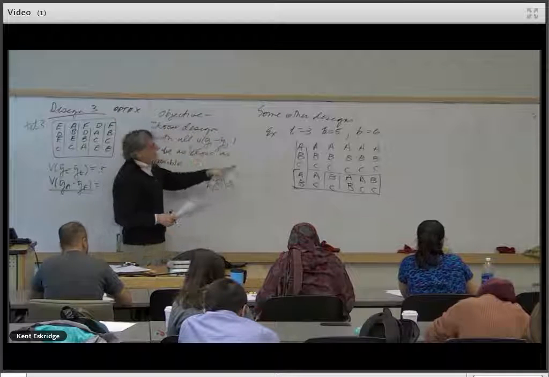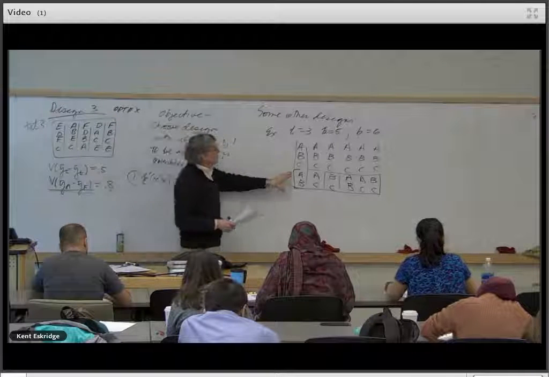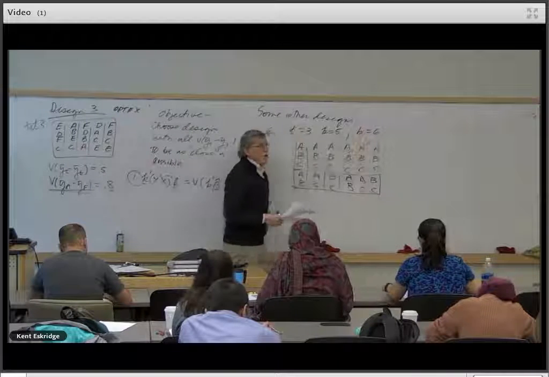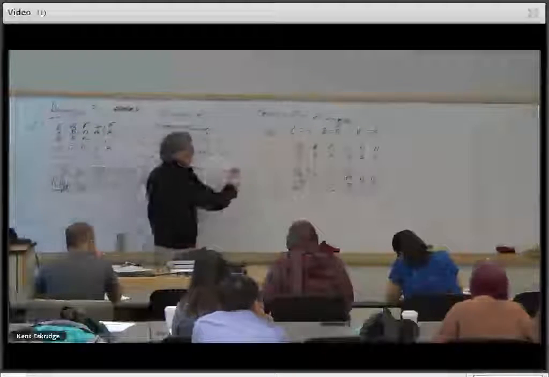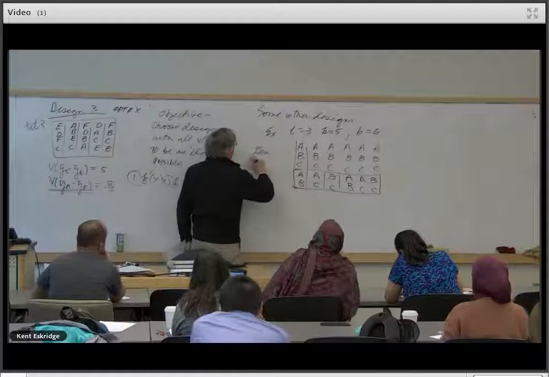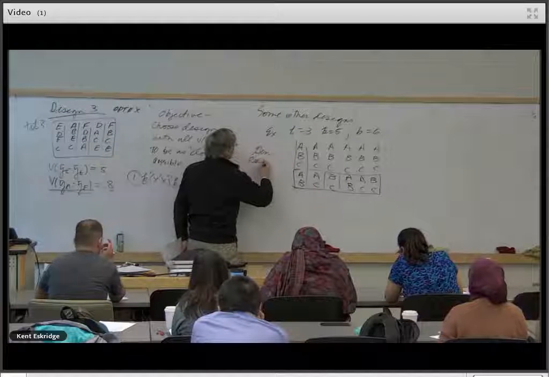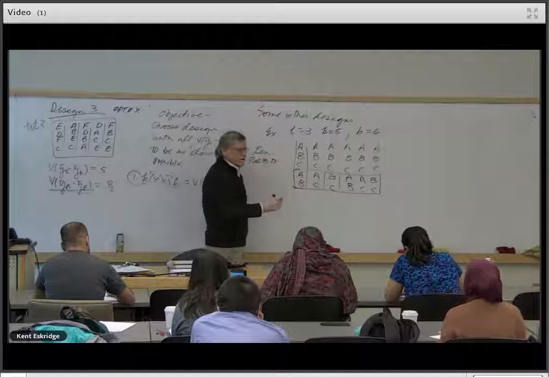And why am I doing that? Because I'm getting equal information for all pairs within the whole design. So would you call that a complete block design? Generalized RCBD. Say it.